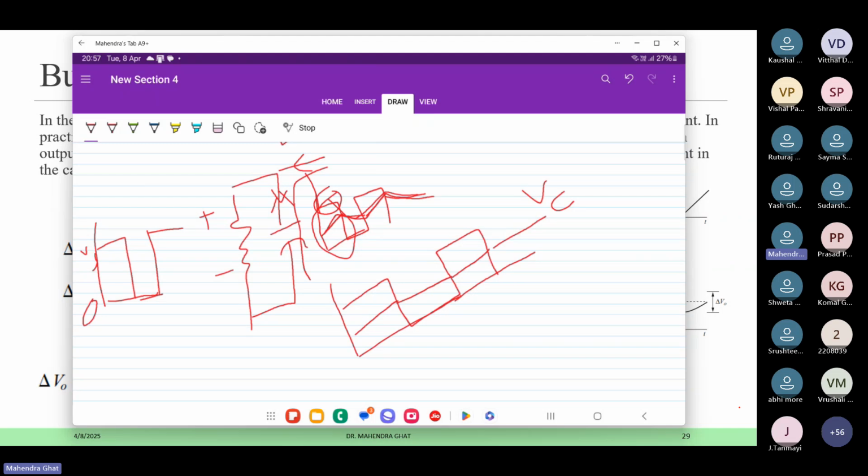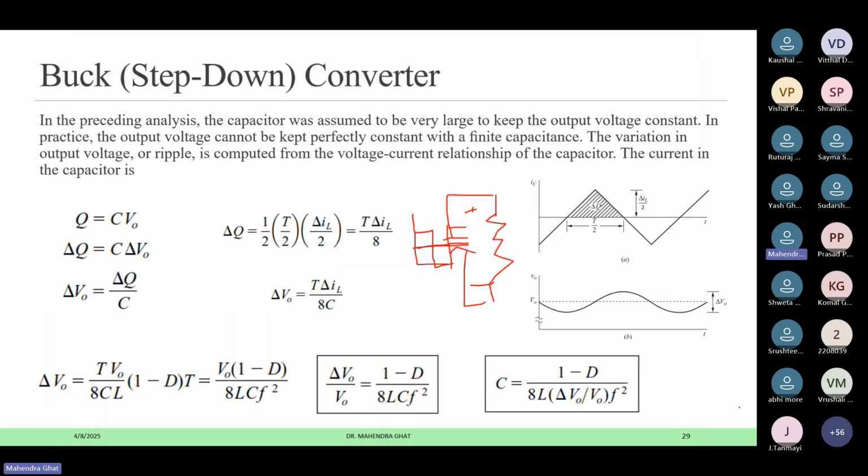Okay, so to get the constant voltage, or to filter the voltage from our buck converter, we will use the capacitor. Again, how do we choose the capacitor? That will depend on how much ripple voltage we can sustain across this load.